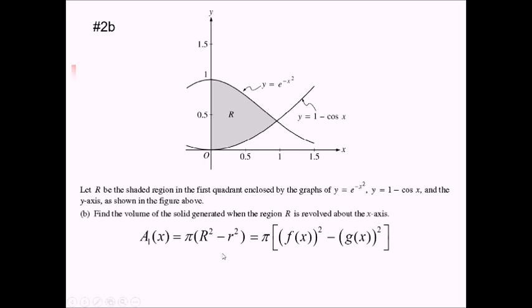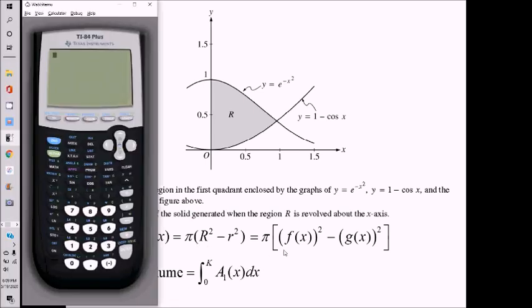And let me do the integral now from 0 to k of basically just this A sub 1 of x function, dx. And I'll do all that on the calculator. So to put this into the calculator, let me do math 9. And I've still got my limits from 0 to k, so alpha k. This time around, I've got a pi in there, and I didn't have to put the pi inside, but I'm going to. And I've got a parentheses here, and in here I basically need big R squared minus little r squared.